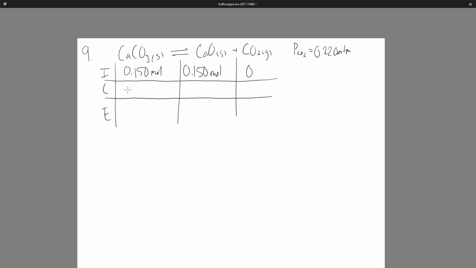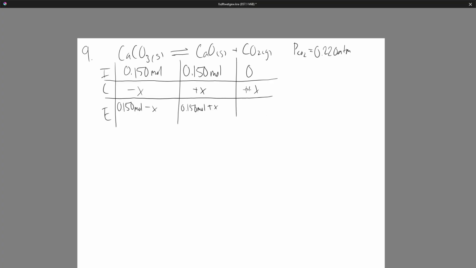So let's go ahead and define the variables: negative x, minus x, or sorry, plus x. Since this is a product, plus x, plus x. Okay, so what do we solve for here?